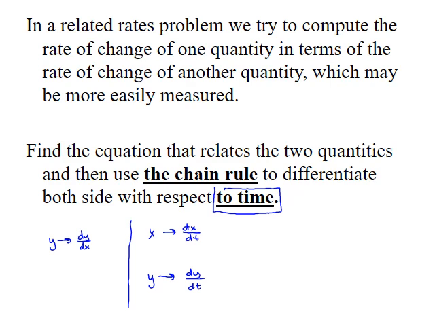Since we're doing it with respect to t, you'll have things like dx dt and dy dt. So you're going to have a lot of terms here. Only one of these you're going to be solving for. The rest of them you'll be given in the problem, and you'll just plug in and do a little bit of arithmetic. So we'll see that in all the examples today.